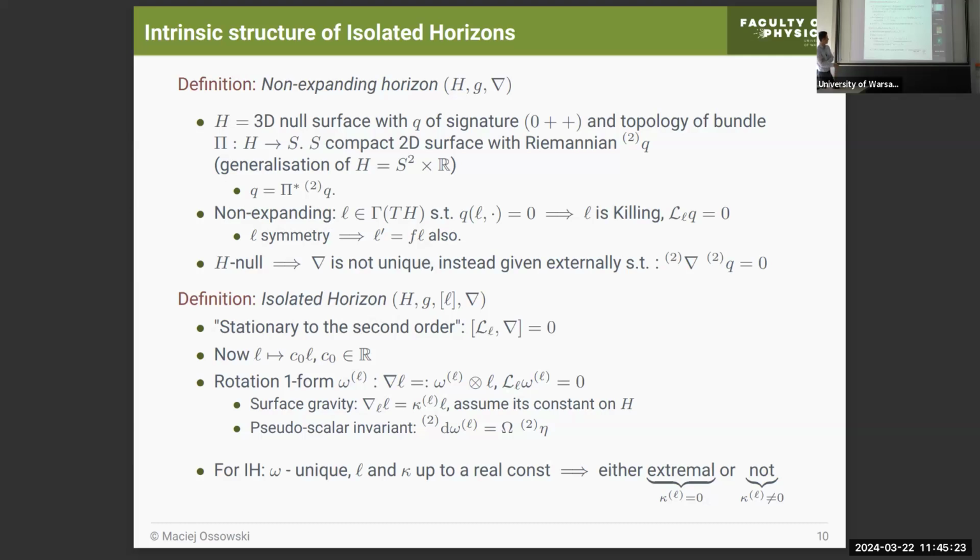For isolated horizons, we end up with the fact that this omega is uniquely defined, and L and kappa are unique up to a real constant. So it's enough for us to say that the horizon is either extremal or not extremal, depending on whether kappa vanishes or not.